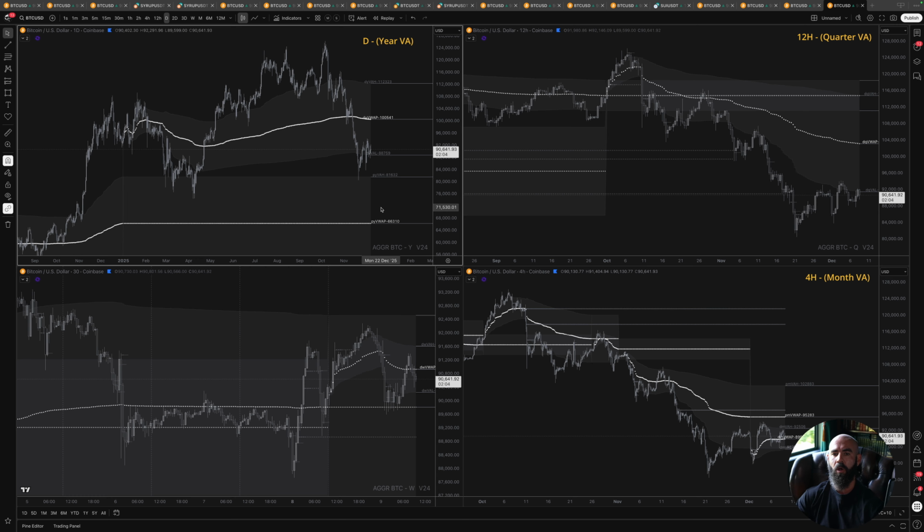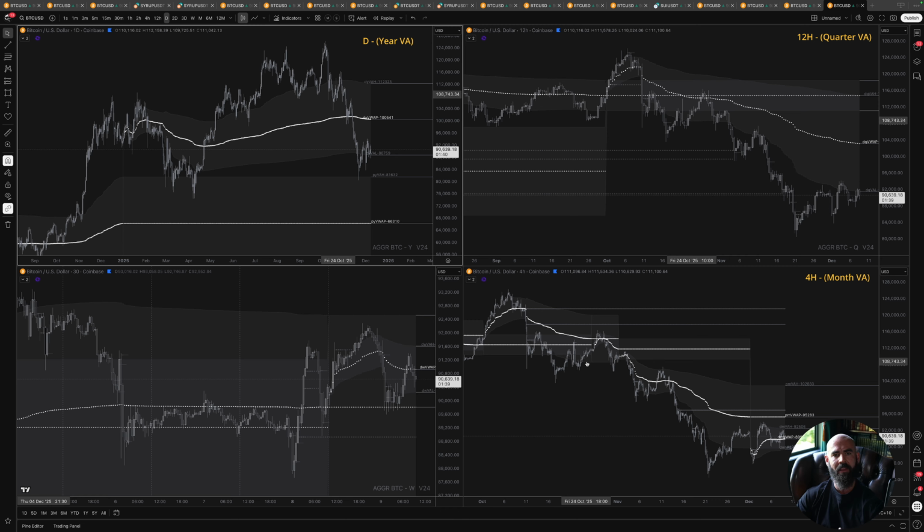Well, we can look at the lower, we start to take out lines in the sand on lower levels. We can say the monthly has just reclaimed a previous month value area high and it's looking strong. Or, we could say that the developing quarterly has reaccepted and it's now balanced, but we might not yet be on the yearly, etc. So just different little scenarios where we can start to go down through these different time frames and start to build a picture of strength and that sort of thing.